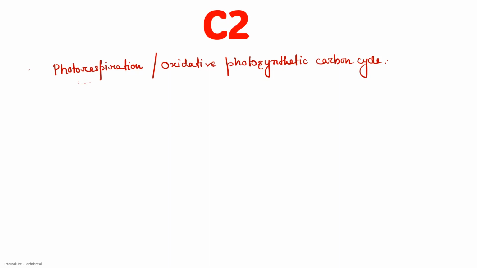So it's an energy wasting process that occurs in C3 plants. Where does it occur? It occurs in C3 plants and at elevated temperature. That means at very high temperatures.